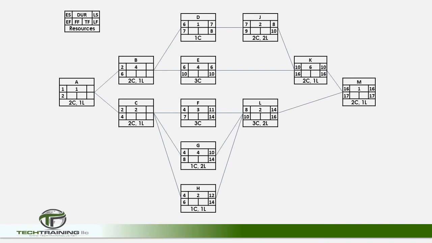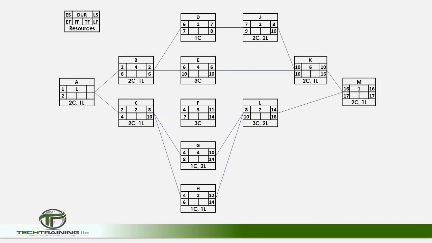And now we see a similar situation as when we were doing the forward pass. Activities B and C have more than one succeeding activity. Therefore, we have to determine which of the late starts will become the late finish for these activities. When facing this situation on the forward pass, we would always use the latest early finish.